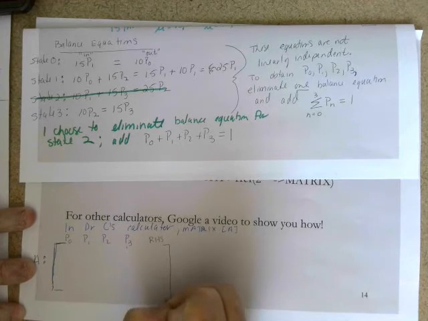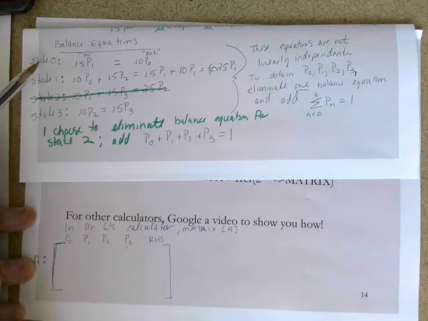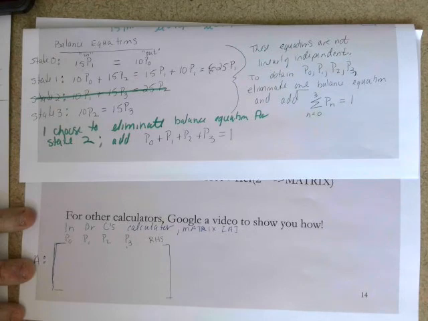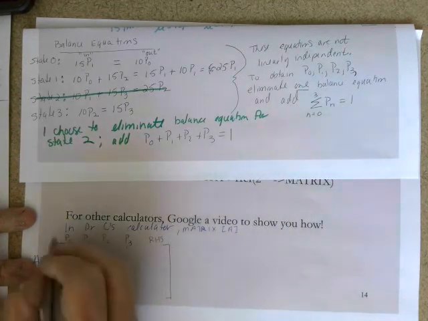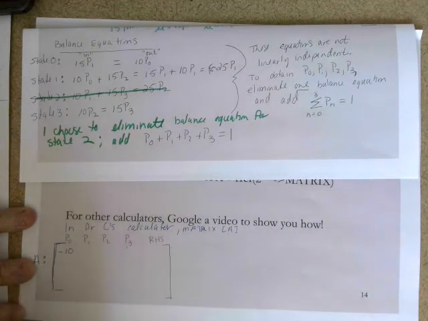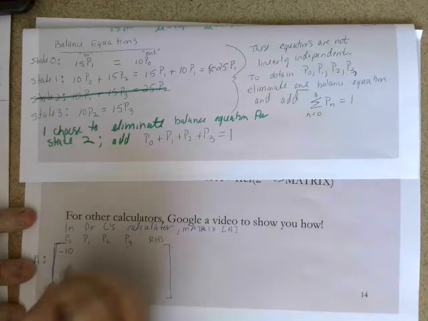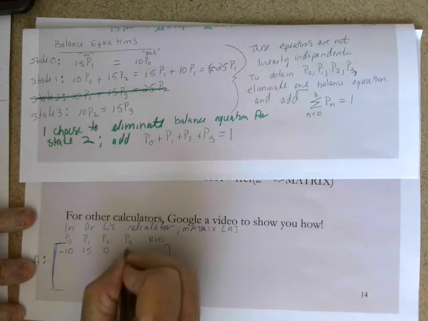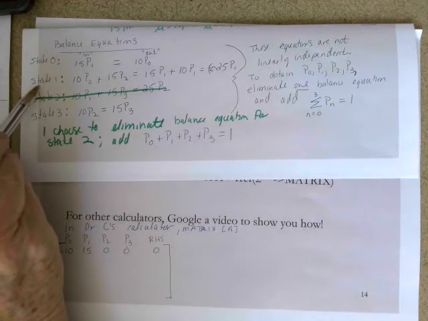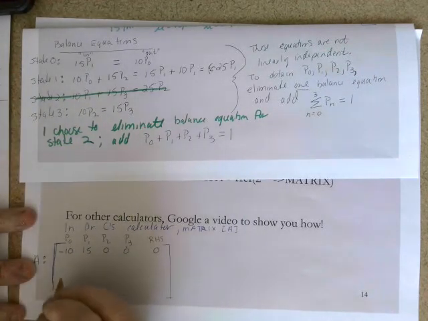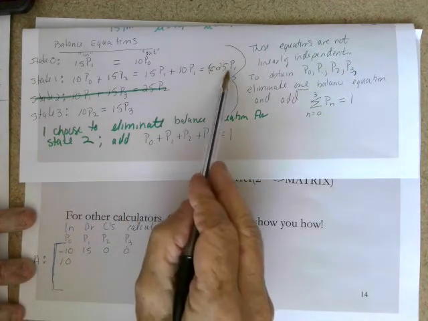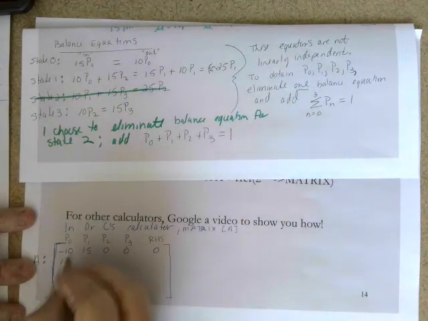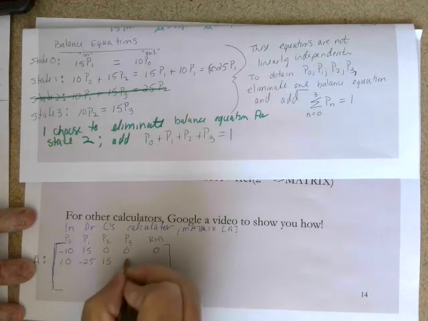So if I look at my balance equation here for state 0, and I put everything that has a P in it on the left and everything that's a constant on the right hand side, what would my coefficients be in my matrix? Well, I'd have a minus 10 here, and then a 15, and then zeros. For state 1, if I put everything together, I end up with a 10 here, but then this P1 term, 25, brought to the other side would be a minus 25, and then a 15 here, and then a 0 and a 0.